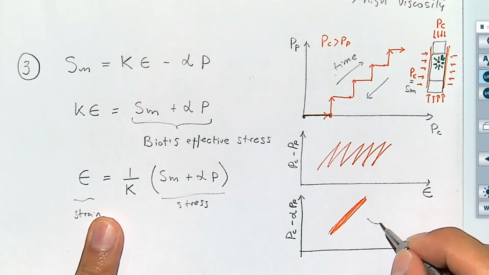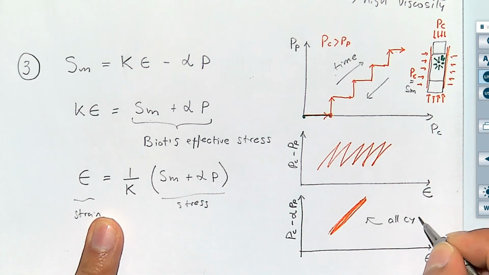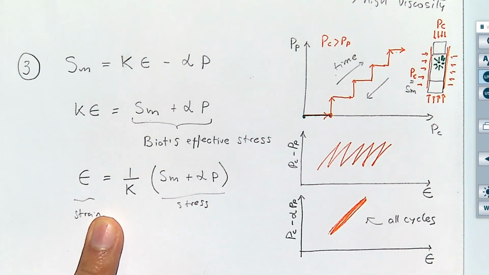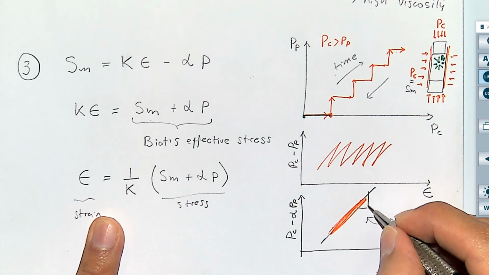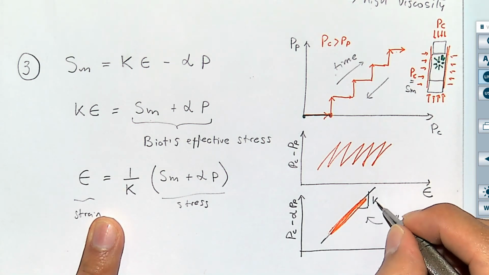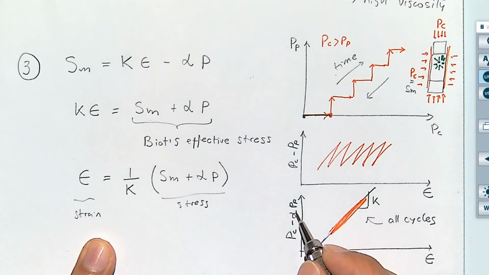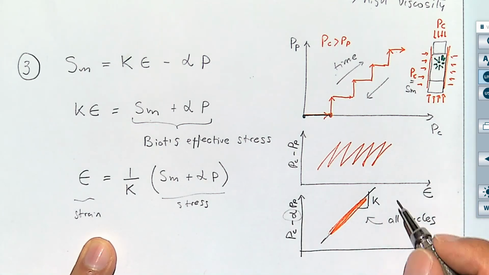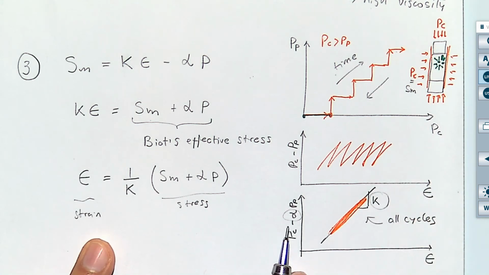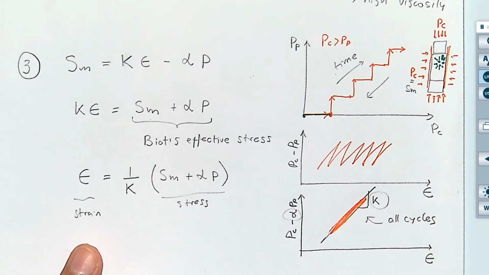And now, the slope of this line is going to be the bulk modulus K of the entire porous solid, and the alpha that makes that possible is going to be the Biot coefficient.